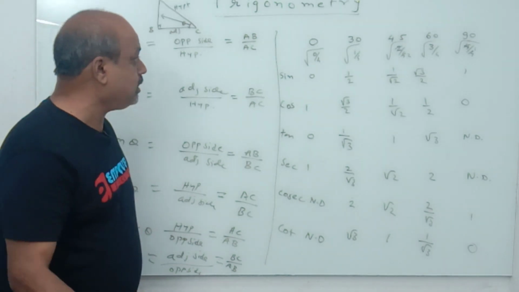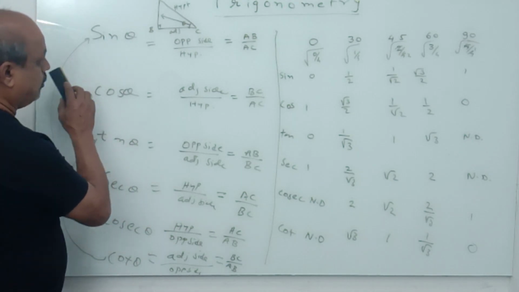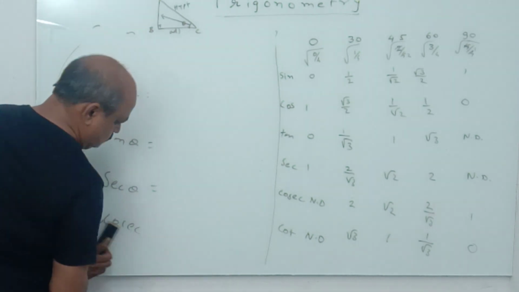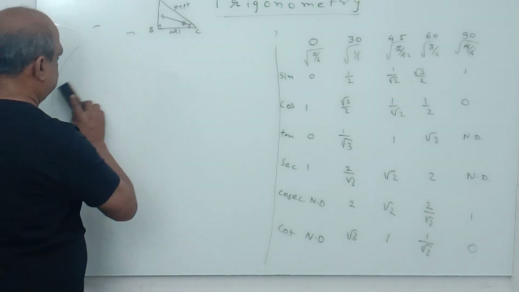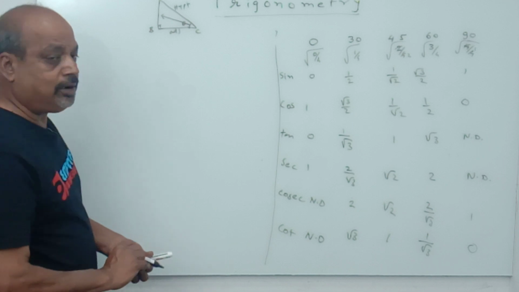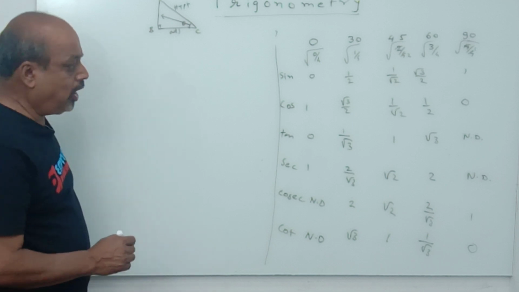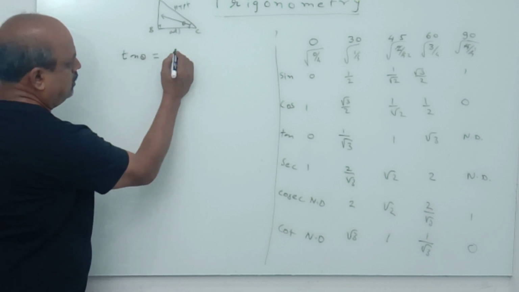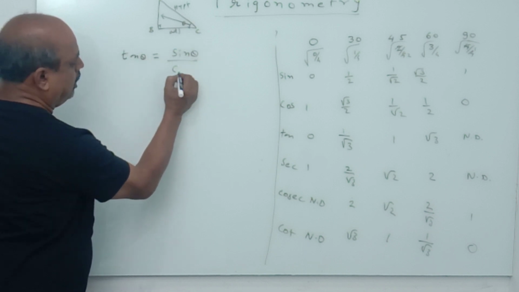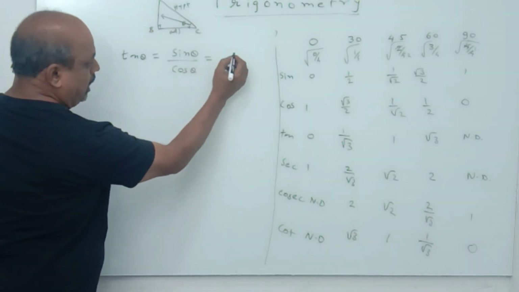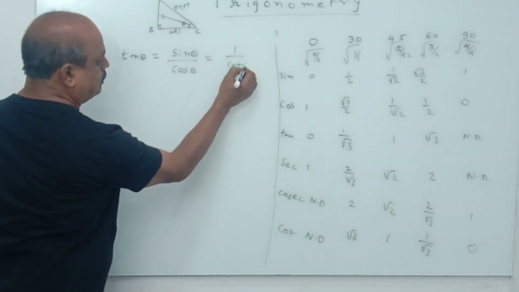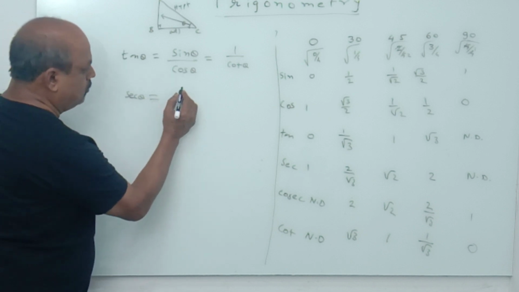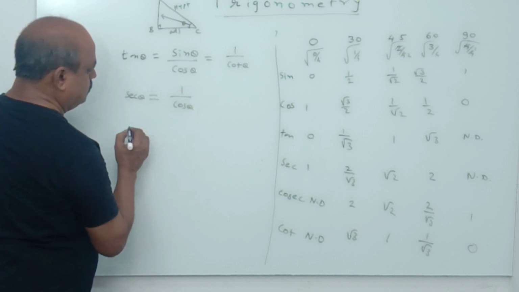Then we will consider some basic trigonometric identities. Up till 10th standard you have to learn these identities: tan theta is equal to sin theta upon cos theta. It can also be written as 1 upon cot theta. Then sec theta is equal to 1 upon cos theta.